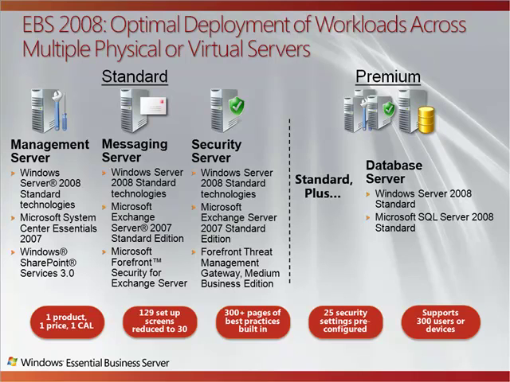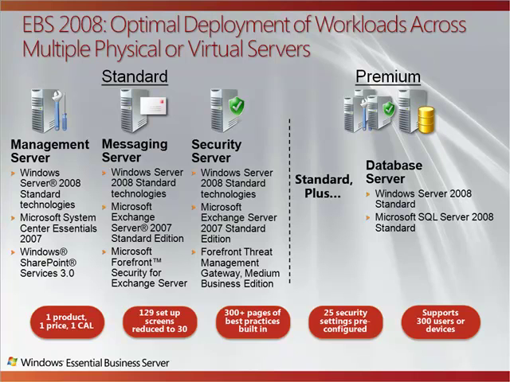So the way the servers get deployed is really part of that integrated setup with all these best practices that are built in, 25 security settings pre-configured into the setup and configuration process so that you know you have a solution that works, that's designed well right out of the gate, that meets the mid-sized business needs and requirements.